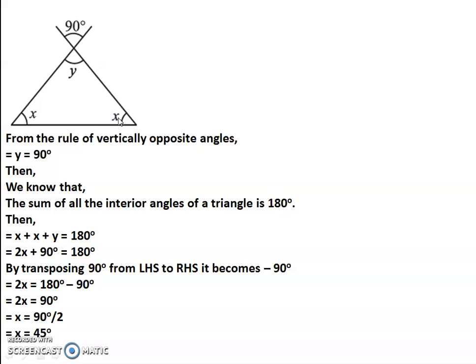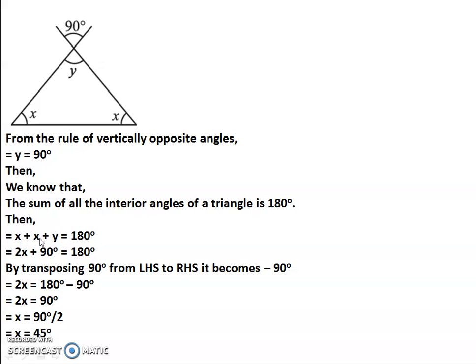So, how will you add? x plus y equal to 180 degree. So, I can write it as x plus 90 degree. Why 90 degree? Because they are equal. So, I wrote x plus 90 degree equal to 180 degree.